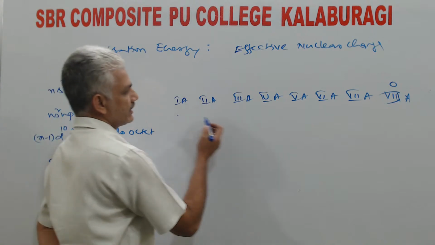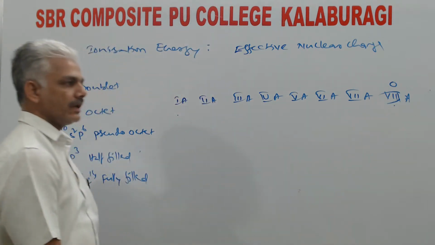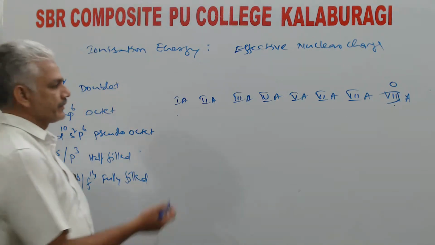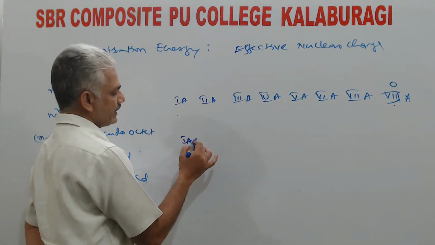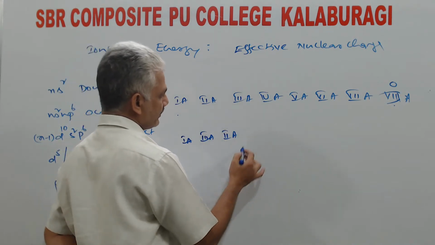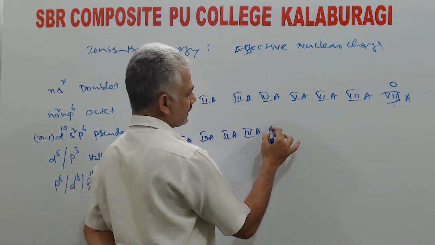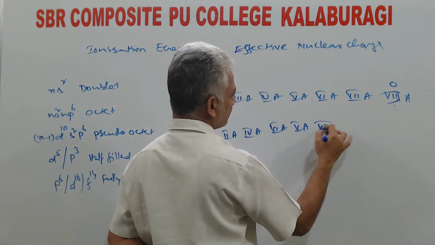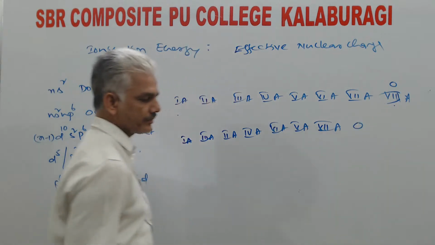As you move from first A group to 0 group, IP value increases, but not in a regular manner. The observed order is 1A followed by 3A, followed by 2A, 4A, then 6A, 5A, then 7A, and 0.